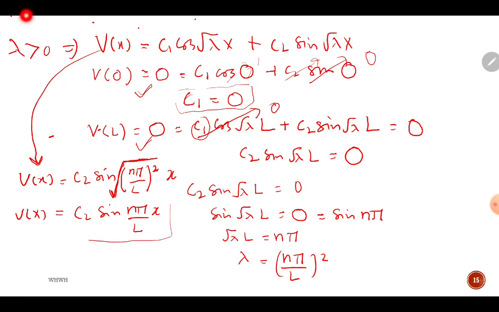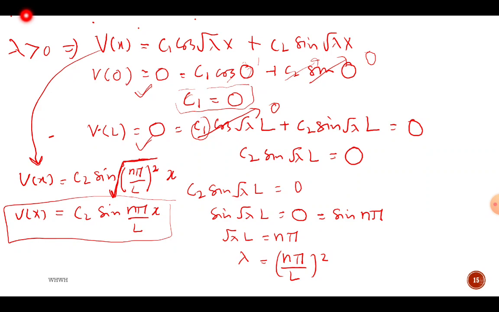Our Vx equals to C2 sin n pi x over L. Tapi kat sini, I would like to remind, sebab kita bukan lagi berada pada last solution. We have not yet come to the end of the solution because we still got to check for lambda equals to 0 and lambda less than 0.